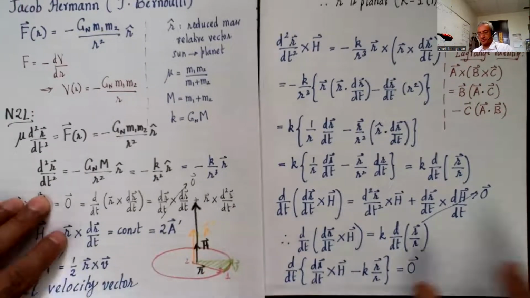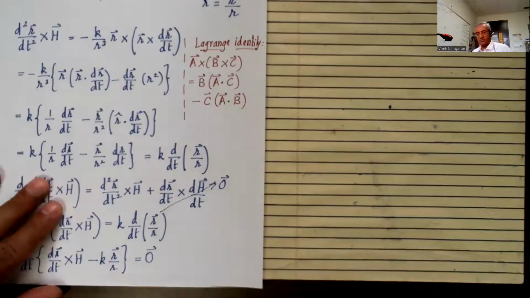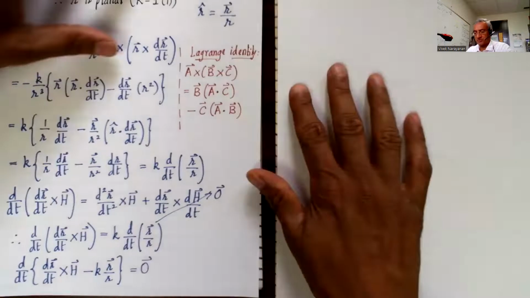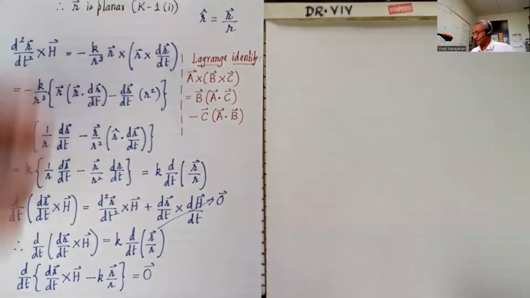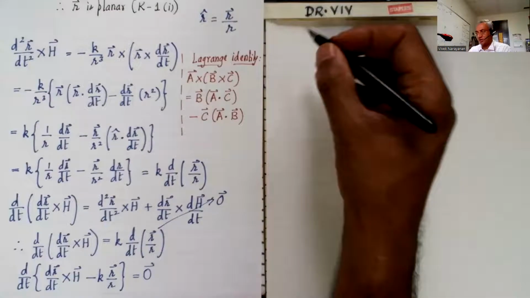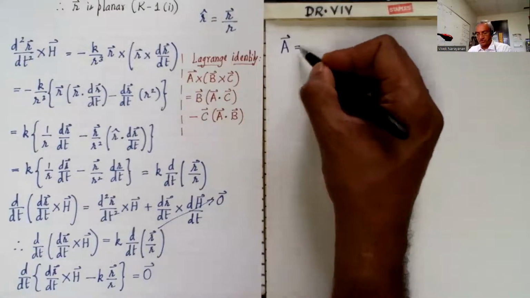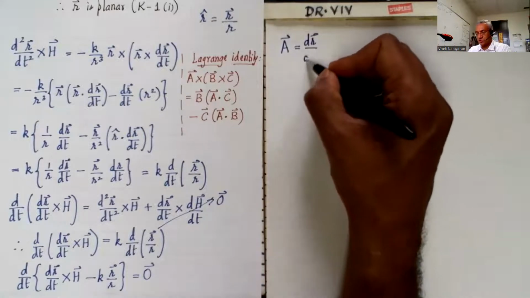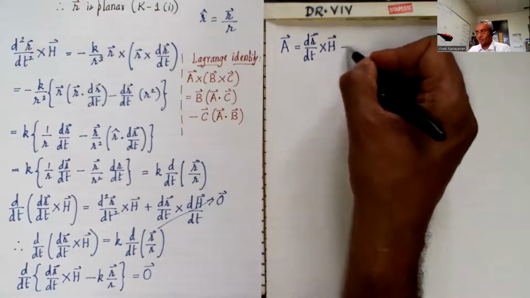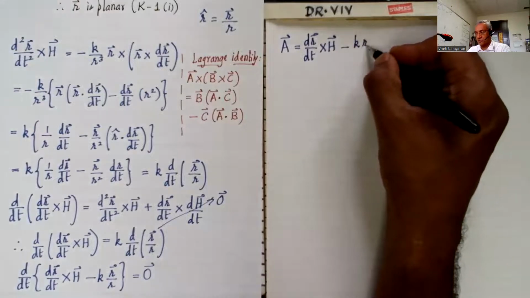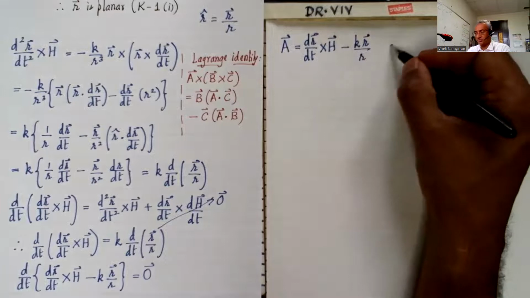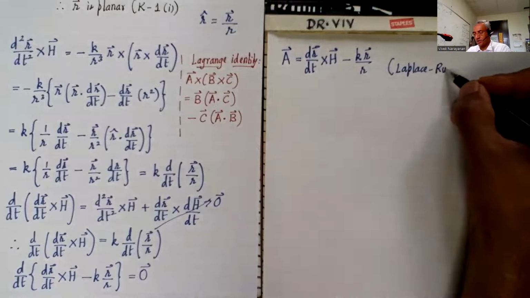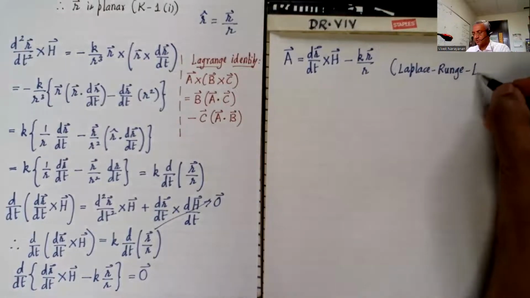So let me define that vector. The vector A, which is everything inside this flower bracket, this is the famous Laplace-Runge-Lenz vector.